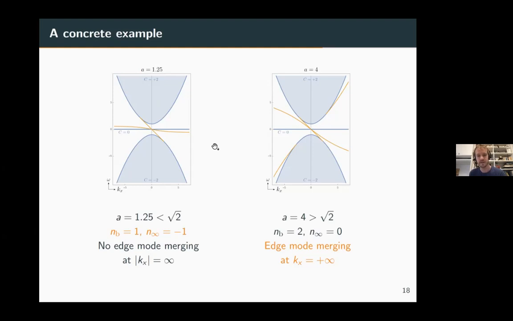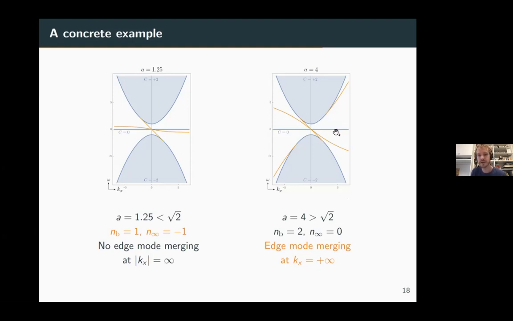Now, the second way it can be anomalous is above the threshold. Here we see we have one branch merging here, one branch merging here. So it's plus 2, and everything seems fine. On top of that, the scattering amplitude is not winding at infinity. There is no number.